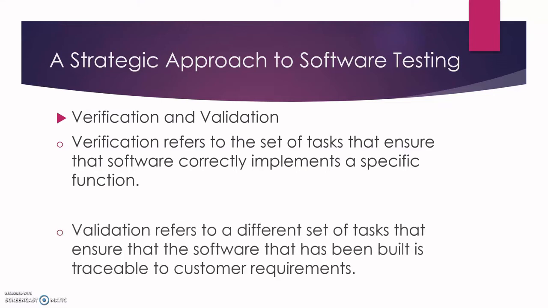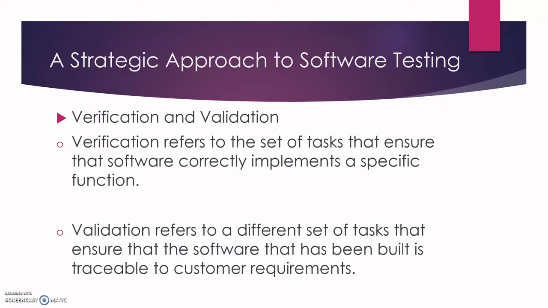Validation refers to a different set of tasks that ensure that the software that has been built is traceable to customer requirements. So validation is done on whether the customer requirements have been properly carried out in the software.